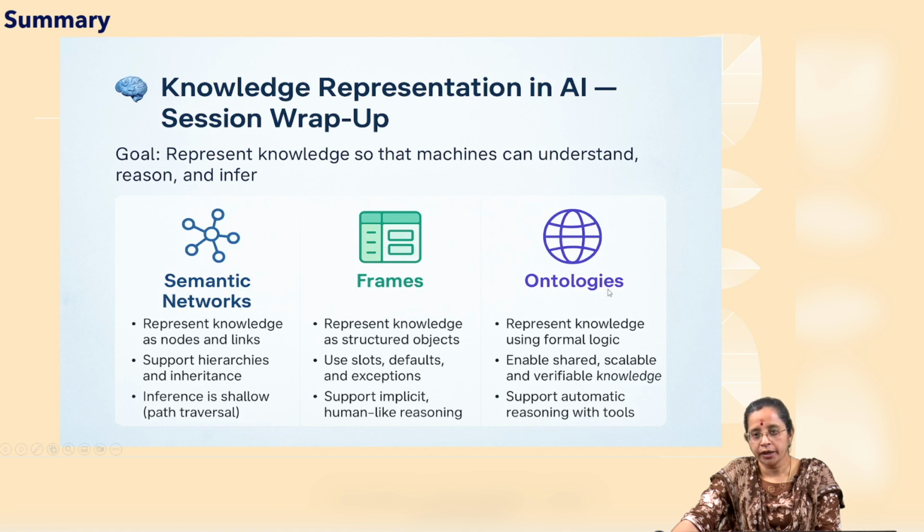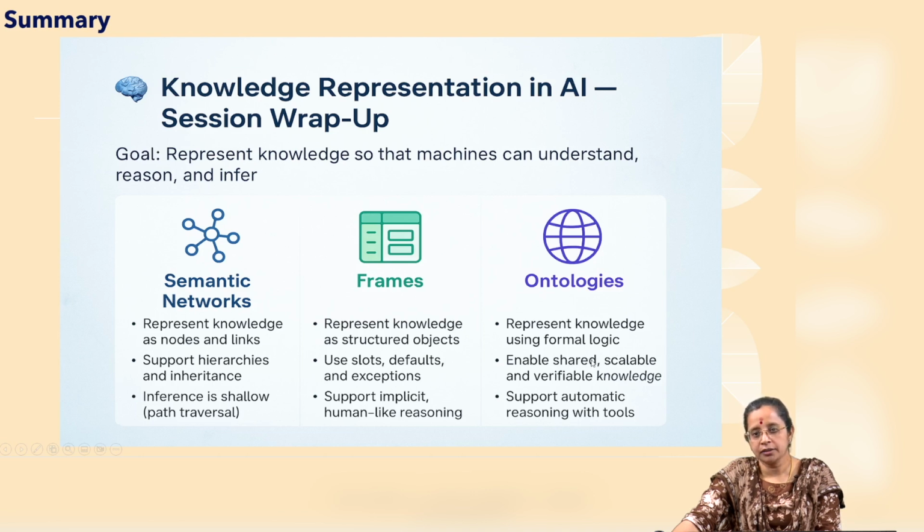Therefore, we got into ontology, the third one, which we discussed for the last two classes, where we could express knowledge in a formal form, which is shared, scalable and verifiable knowledge. An ontology built at one end can be exported to the other end and merged together to form an entire bigger ontology.